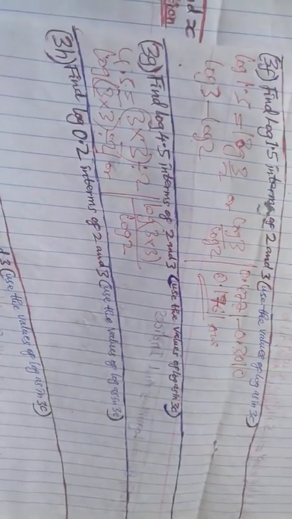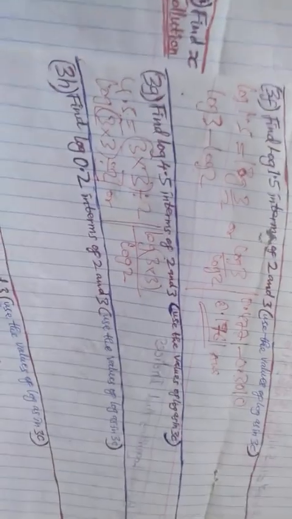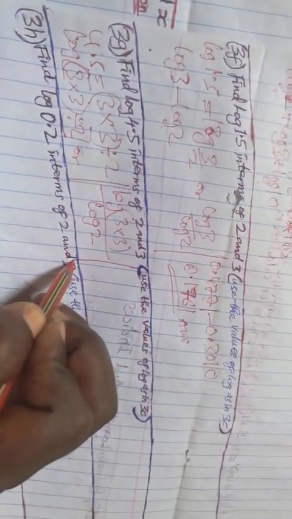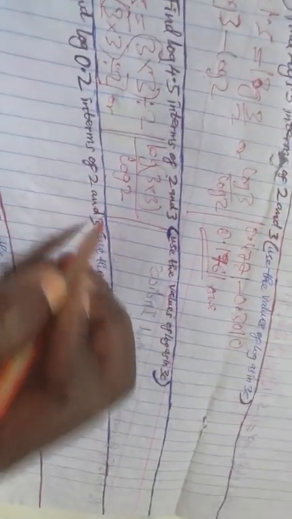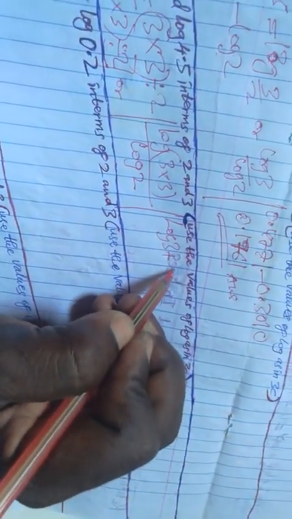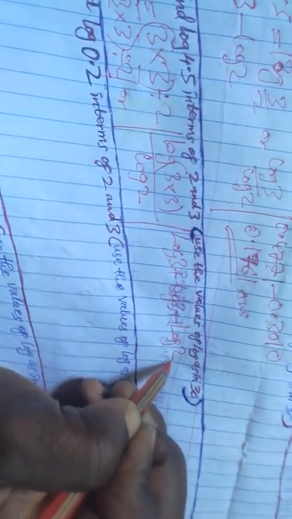But we know that addition goes with multiplication while division goes with subtraction. Therefore, we are going to say that log 3 plus log 3 minus log 2.